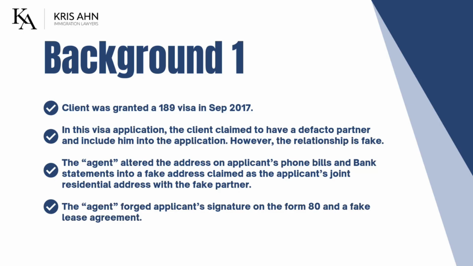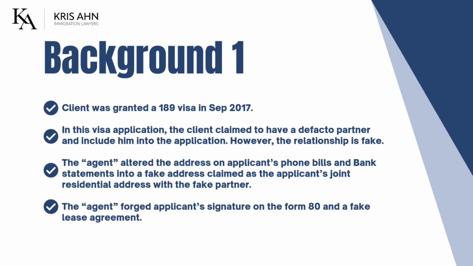However, the relationship is fake. If you have some knowledge about the 189 visa back in 2017, you will know the partner would not give the primary applicant any extra score. The primary applicant would get 5 extra points only if the partner had a skill assessment and language.